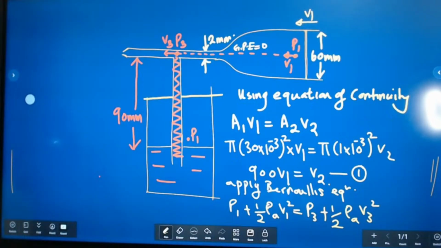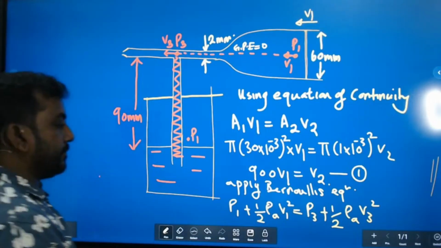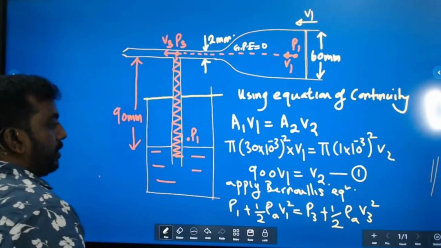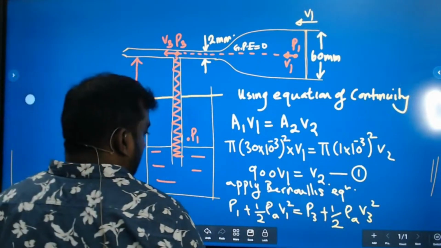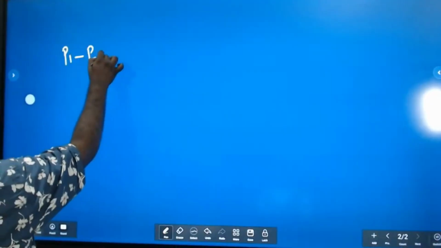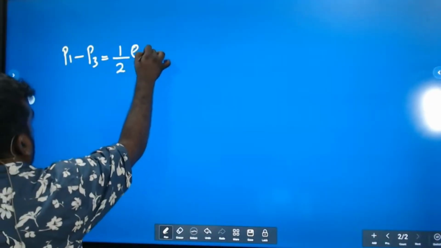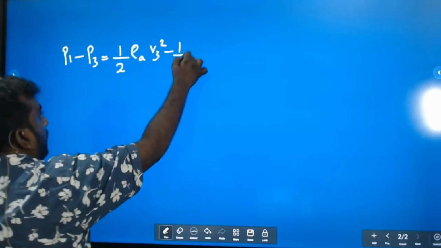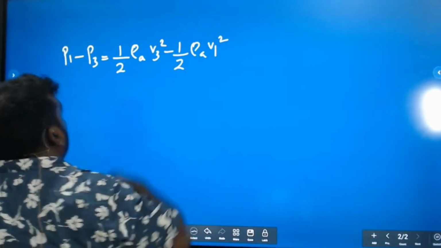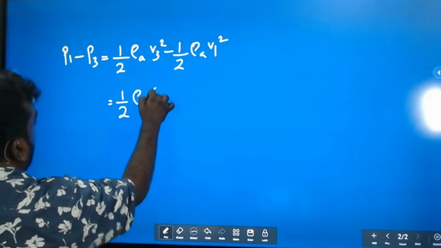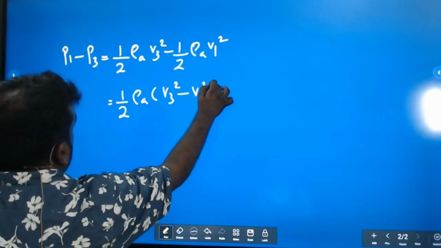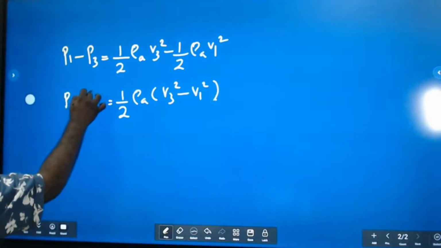Take the velocity term to the other side: P1 minus P3 equals half rho times (V3 squared minus V1 squared).